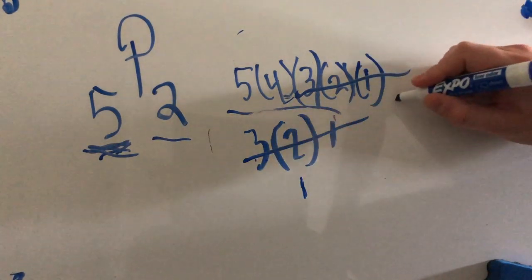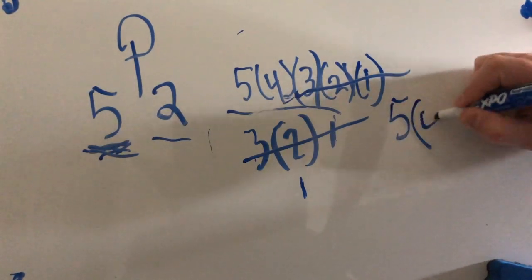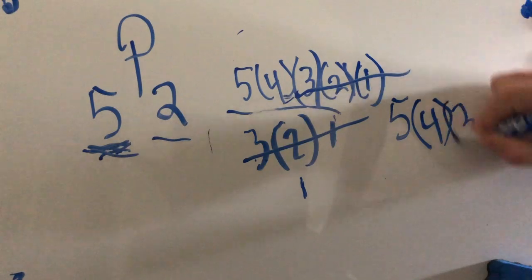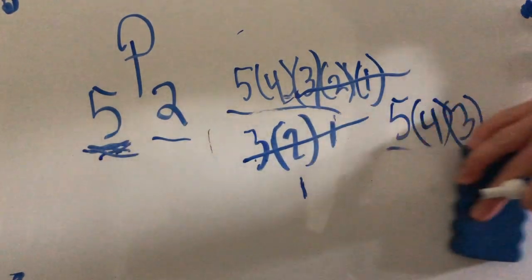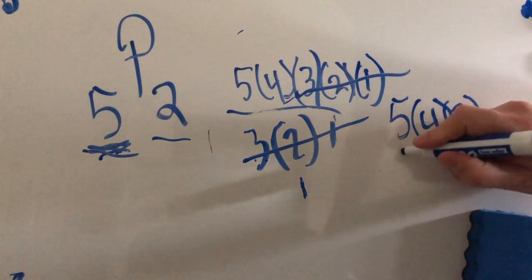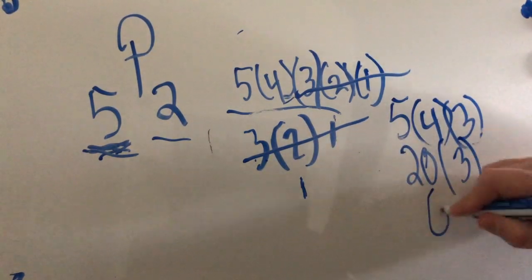So we have 5 times 4 over 1, so that would be a whole number.